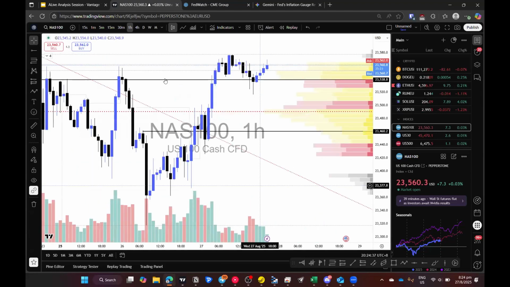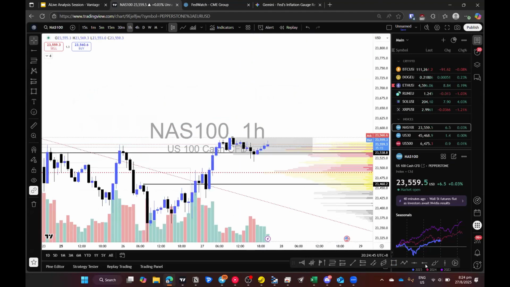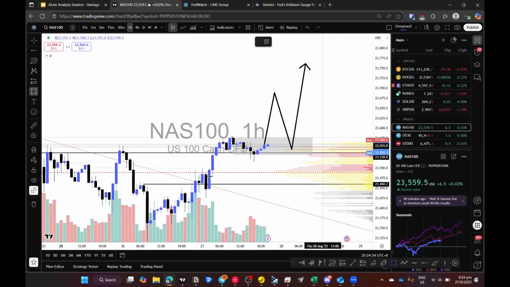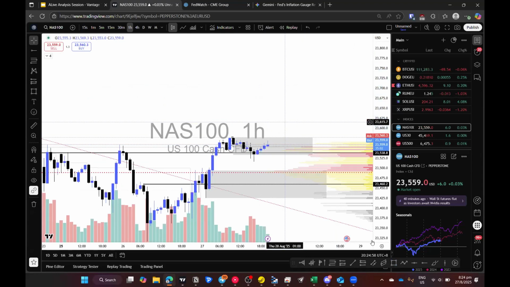So this is going to be a very strong support level only if we see a push to the upside. Up, and then retest, and then up again. Otherwise, if we don't see this, then this is going to be our near-term support.